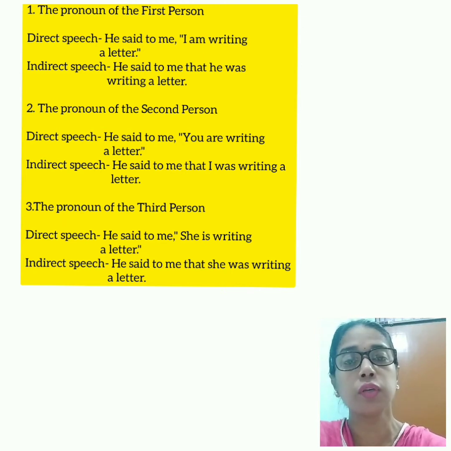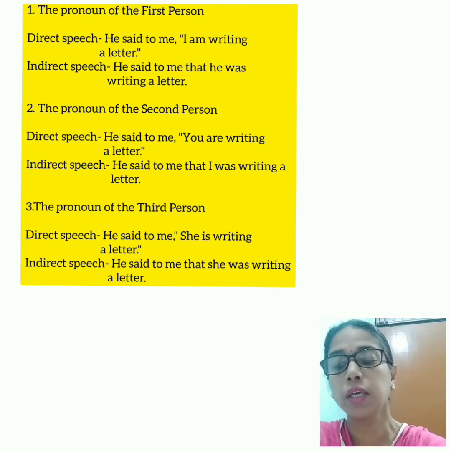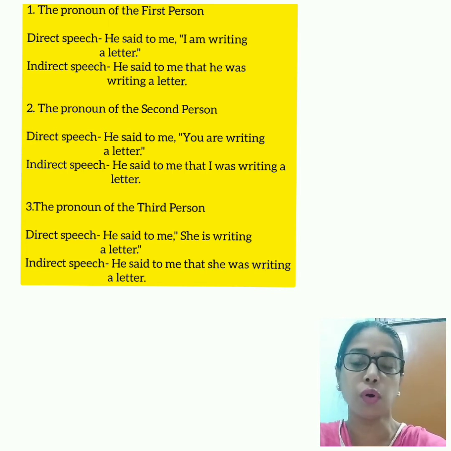So now when you change from direct to indirect speech, you will be using the pronoun related to he instead of I. So when you change it into indirect speech, how will you write? He said to me that he was writing a letter.